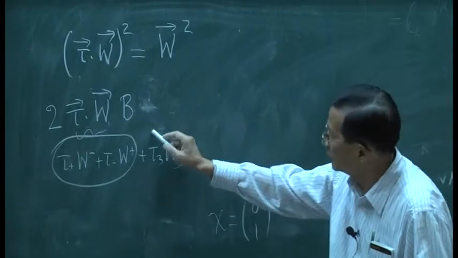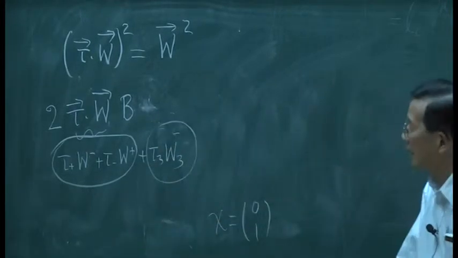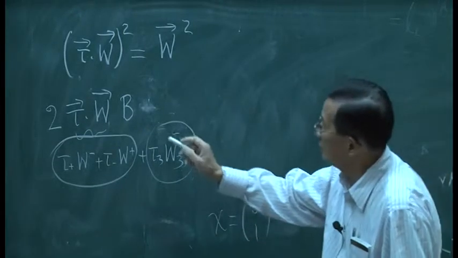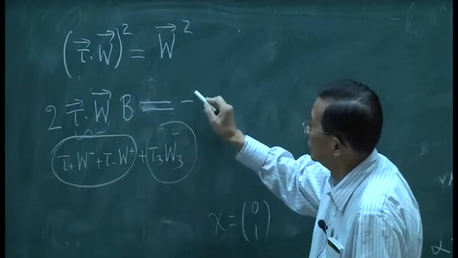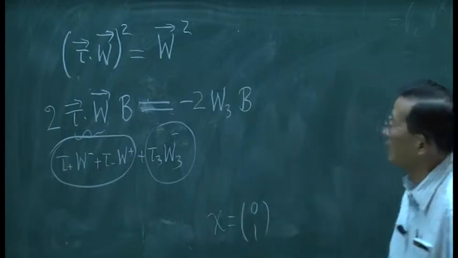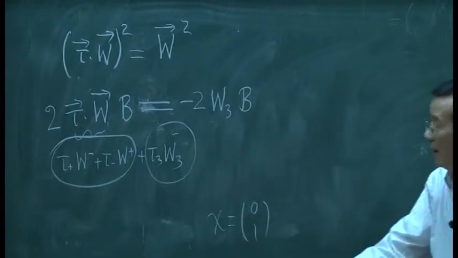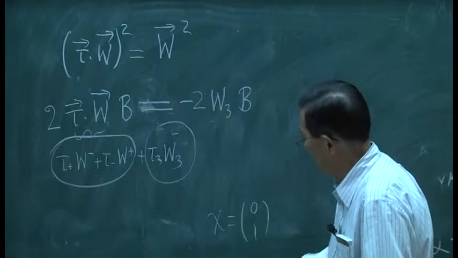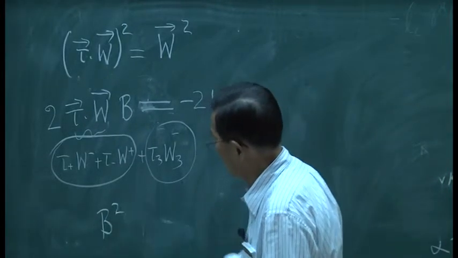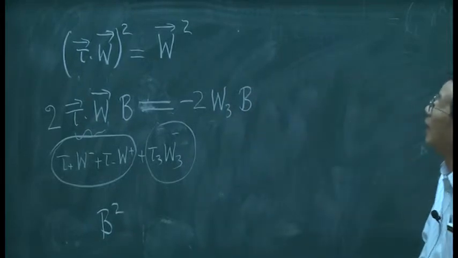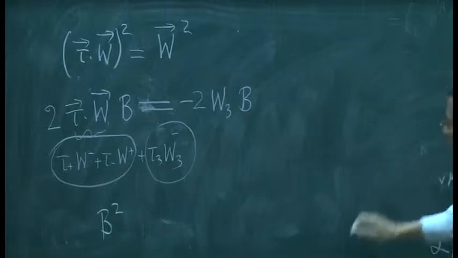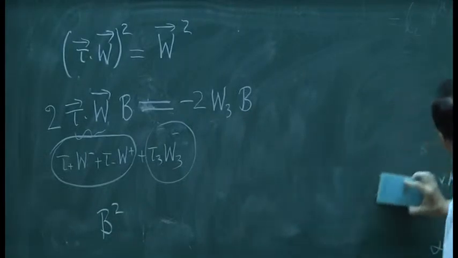So the only thing which will contribute is this term, and tau 3 applied to this gives me a minus. So this equals 2 W3 B. And then the last one is B squared. Once I've done that, I can remove the chi there, because the scalar product is 1.